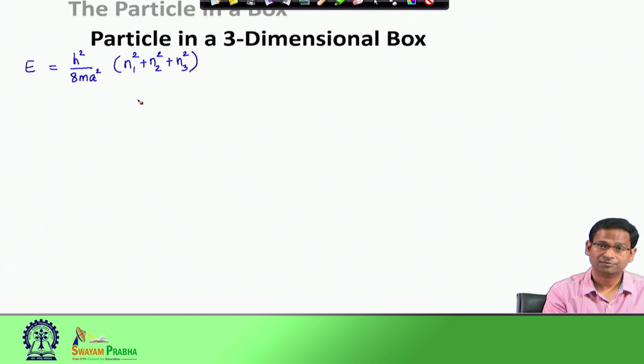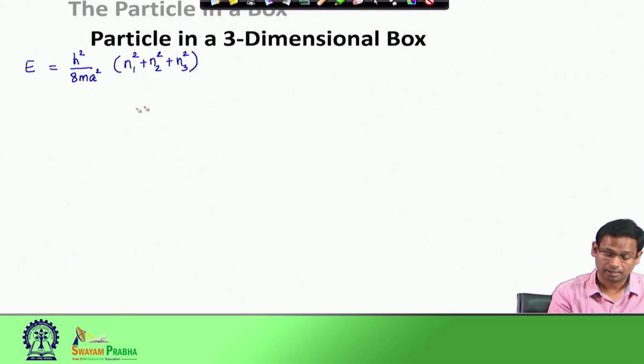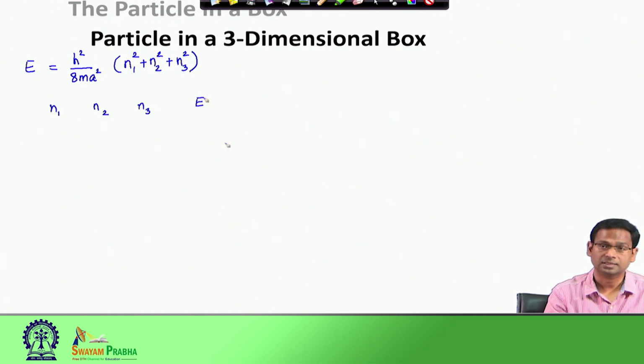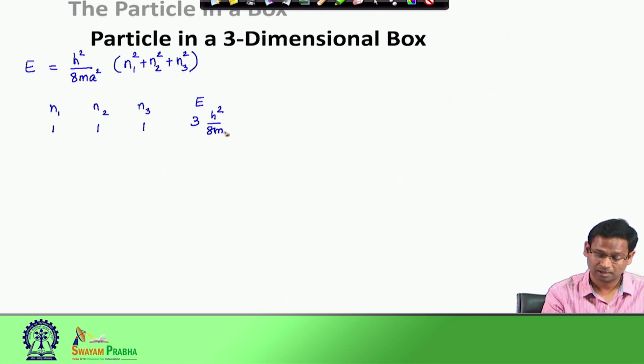Each of n1, n2 and n3 would go from 1, 2, 3 and so on. So, the lowest possible values of n1, n2 and n3 are all 1. So, let us say this is n1, this is n2 and this is n3 and this is my total energy E. If n1 is 1, n2 is 1, n3 is 1, what would be the energy? The energy would be 1 square plus 1 square plus 1 square. So, therefore, 3 h square by 8 m a square.